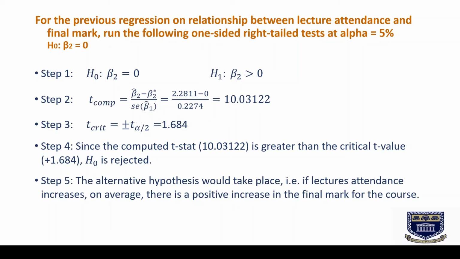So this is a right-tail test. So step 1, we state the hypothesis. The null hypothesis is beta 2 is 0. The alternative hypothesis is that beta 2 is larger than 0.